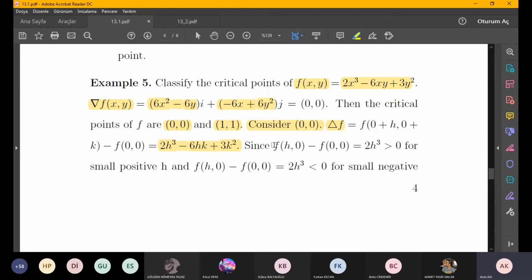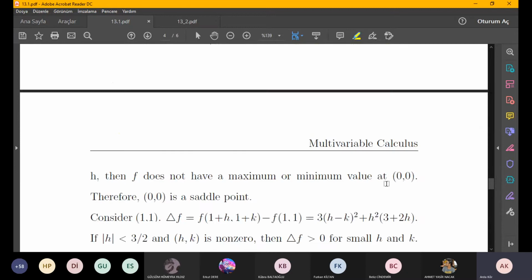And since f(h, 0) minus f(0, 0) is equal to 2h cubed, it is positive for positive h close to 0, but it will be smaller than 0 for negative values of h, because of the power of h, which is an odd number, 3.